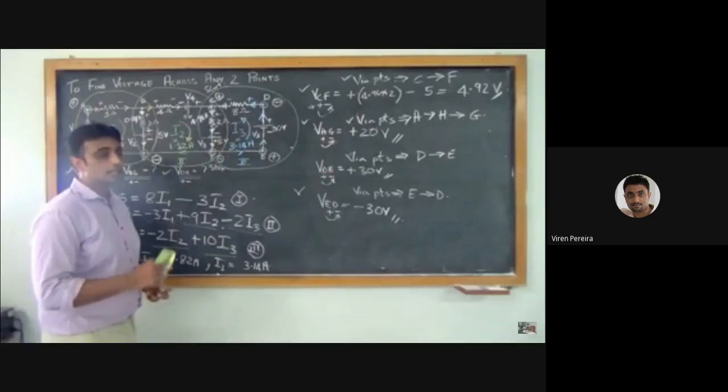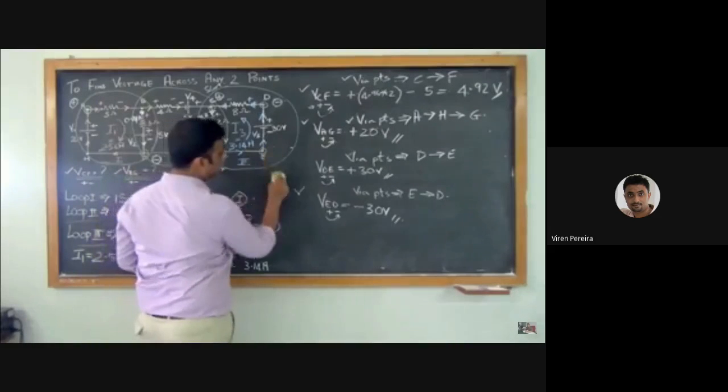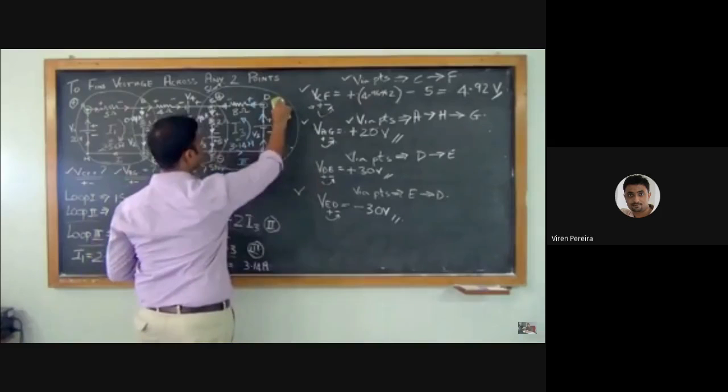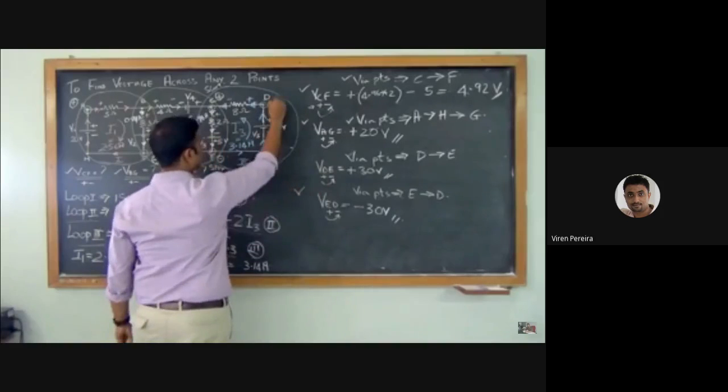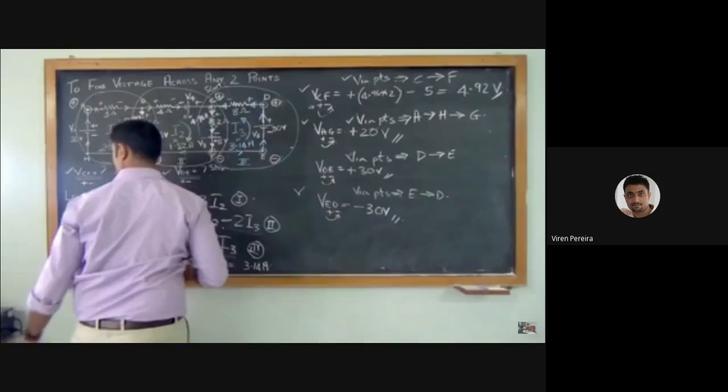This revolves around a simple concept. If I'm considering VDE, the positive terminal of the multimeter is here and the negative terminal is here.